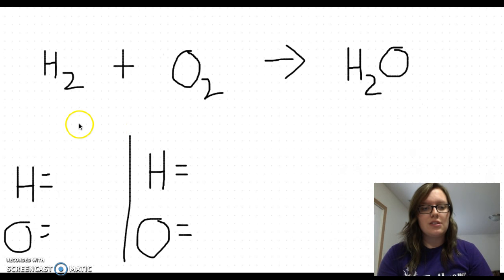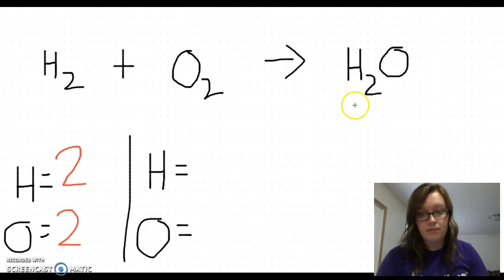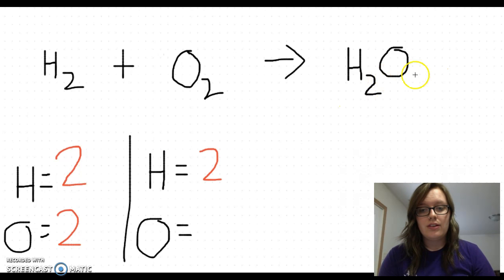So first let's look at the reactants. The reactants, we know, right now, have 2 and 2. So we want to write that down first. 2 and 2. Then we look at the product side. On the product side, the H has a 2, so 2, and O, since it has nothing there, we're just going to assume that it's 1.